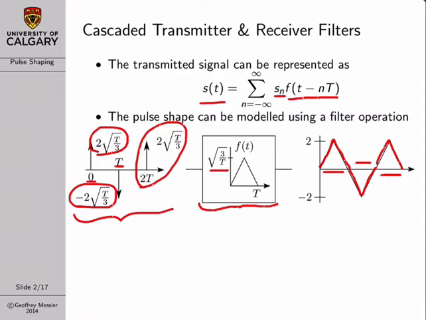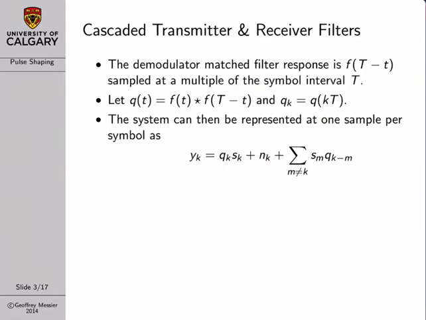In this way we can think of the modulator as a filter, which, as I said, is going to be useful in a few slides where we talk about how to produce pulse shapes with both a desirable spectrum and zero intersymbol interference. In order to look at pulse shape design from a general perspective, what we're going to do next is look at both the transmitter and the demodulator basically as two cascaded filters.